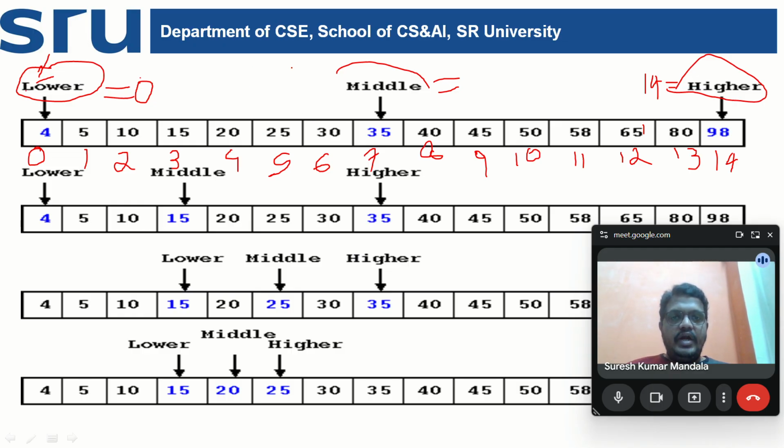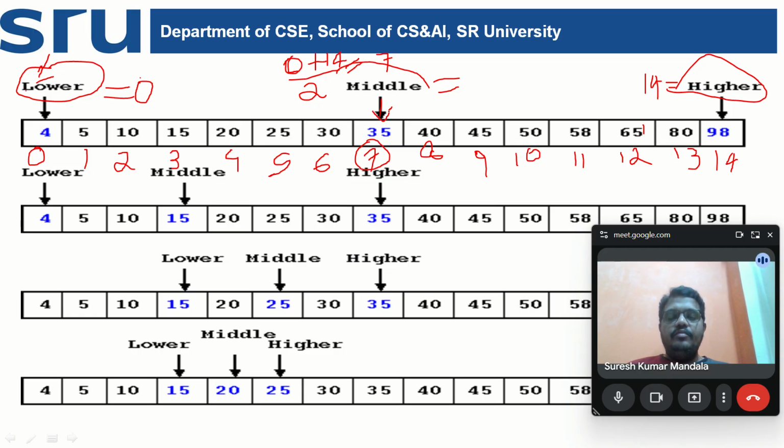So the low value is 0 plus the high value 14, which is 14, divided by 2. We get the answer 7. The element at index 7 will be treated as the middle value. This is the concept.